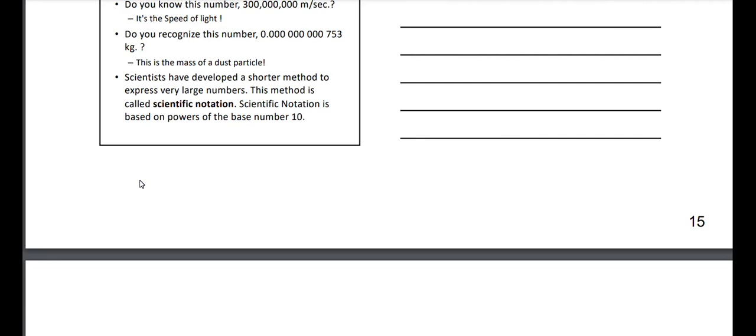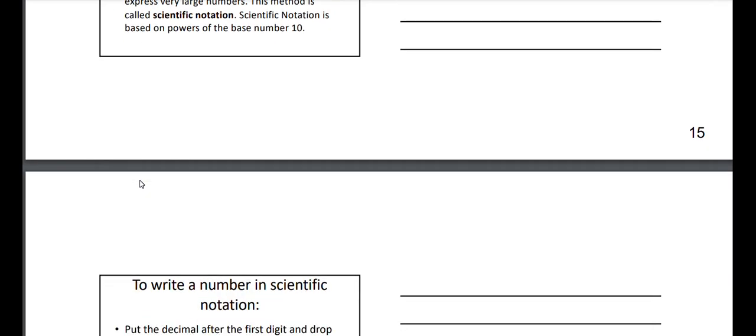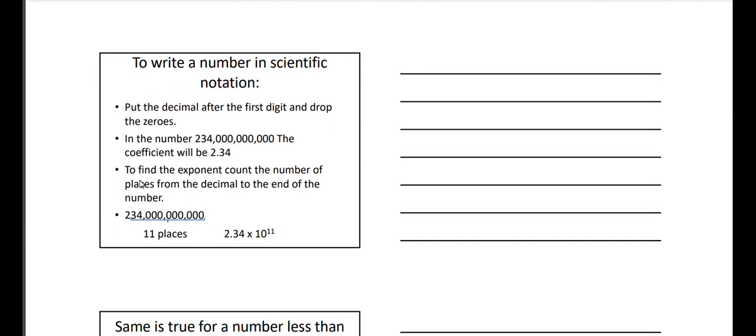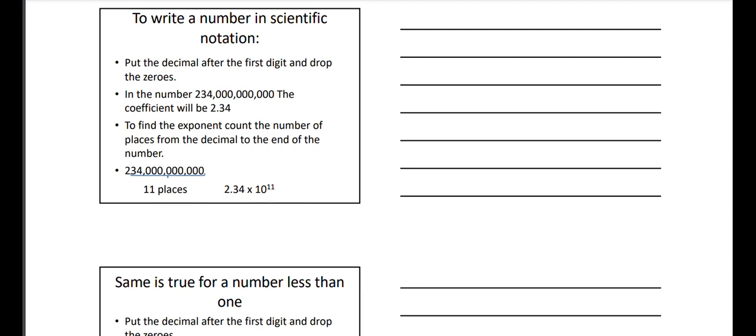This method is called scientific notation. Scientific notation is based on powers of the base number 10. So we will use the number 10 and put numbers on top of it, the powers of 10, to replace the zeros on these big large numbers. So how do you do this?